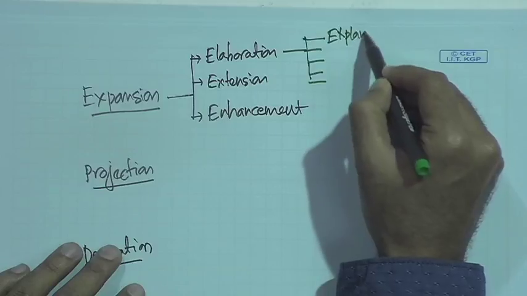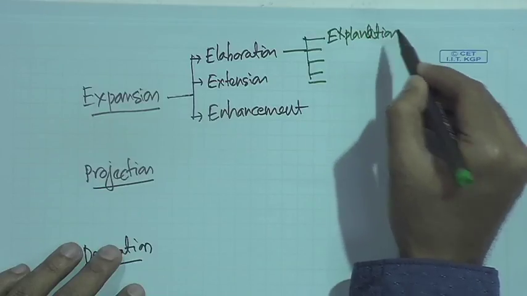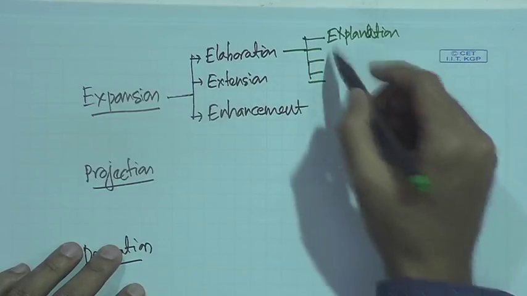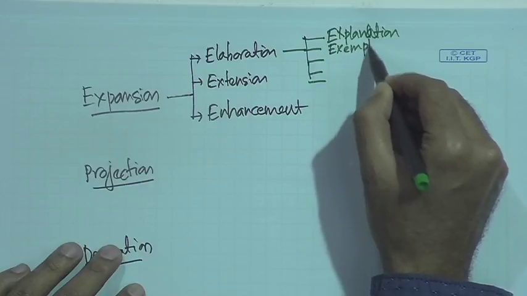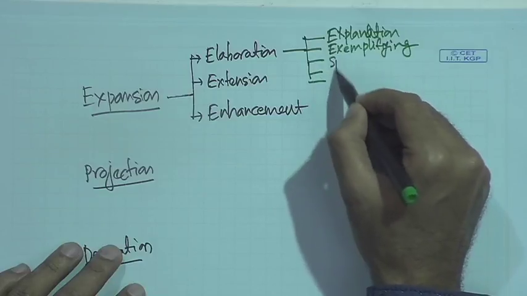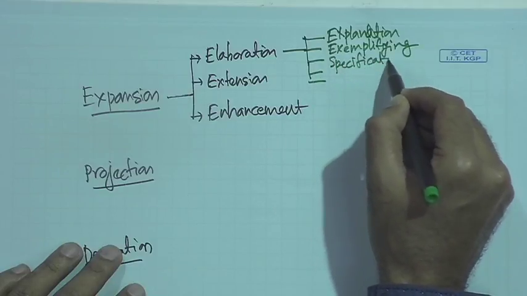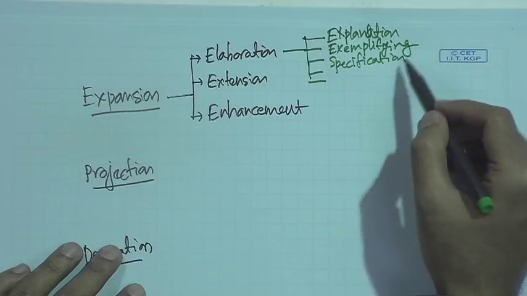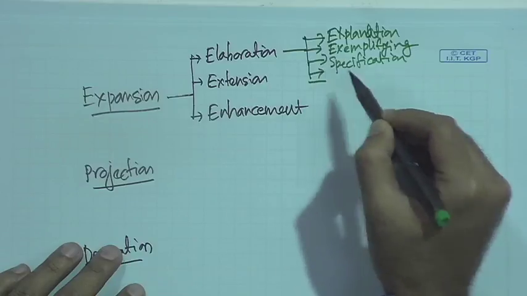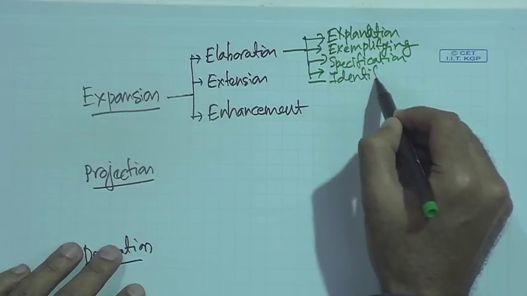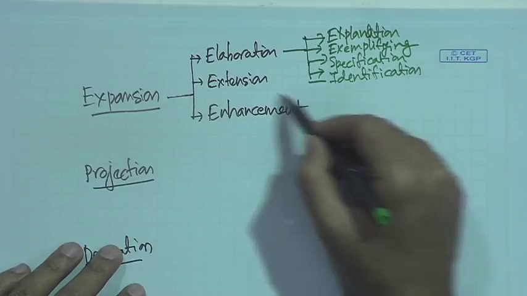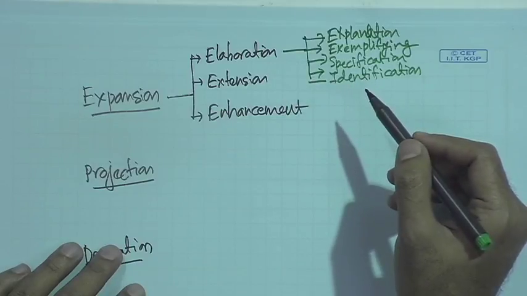So, when you are giving an explanation, say for example, in other words, you are elaborating something in other words, or you are exemplifying that, for example something else, or you are talking about specification. Some of the things we have already discussed in our last class. Say for example, to be precise. And the fourth one could be identification. You are trying to identify, namely, what are the things. So, this is the way the elaboration works.